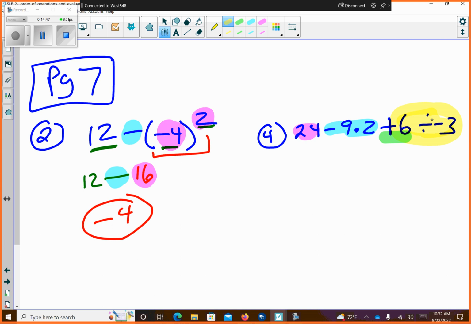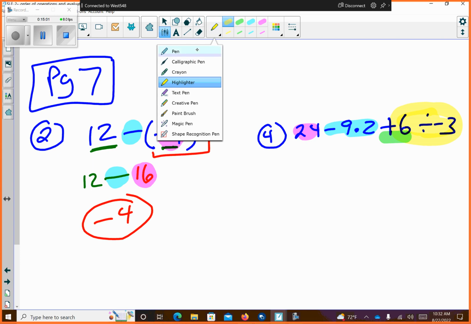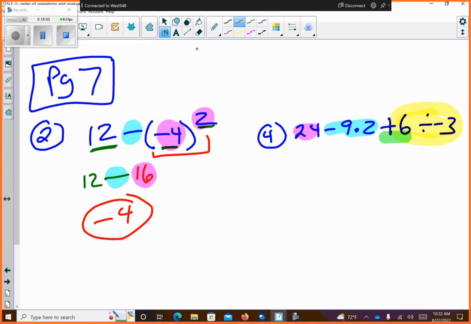Ideas where to start? Pink, blue, yellow, green. I like the blue. Someone else feel comfortable starting with the blue? Okay, if I start with the blue, I like your thought process. You start with the blue, 24 comes down. What is negative 9 times 2? Giddy up, negative 18, good job.